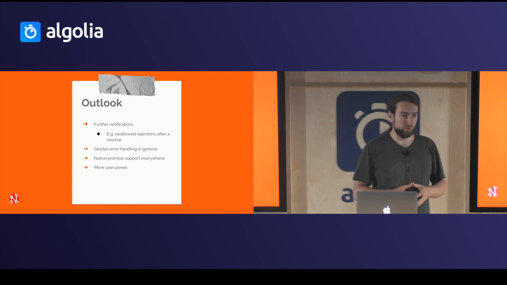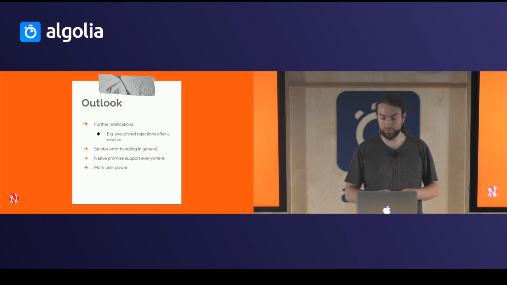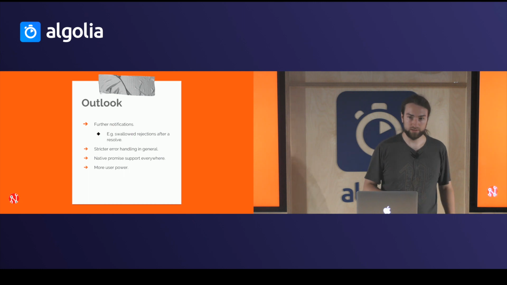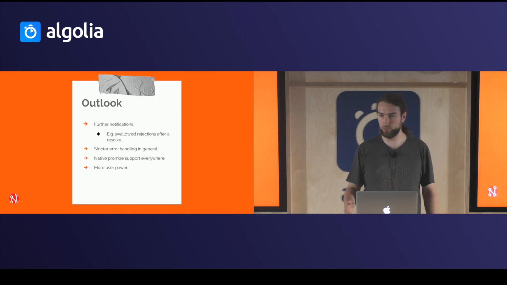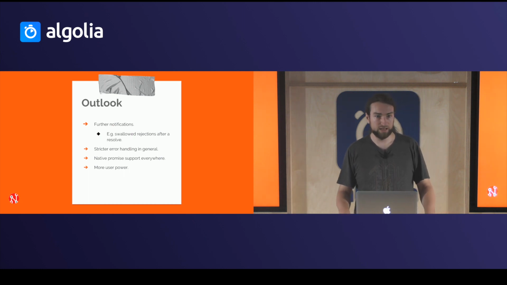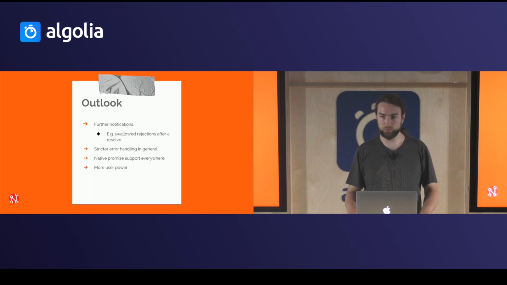To give you an outlook, what is planned in Node Core in the future is just today, Benedikt Meurer, one of the developers at Google working on V8, developed something that we asked for to give you more debugging information.